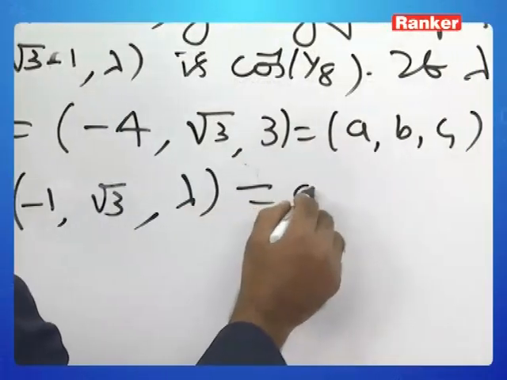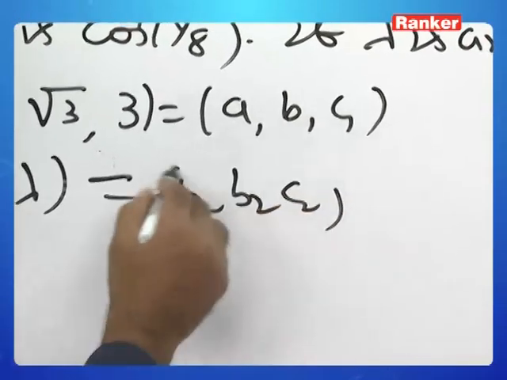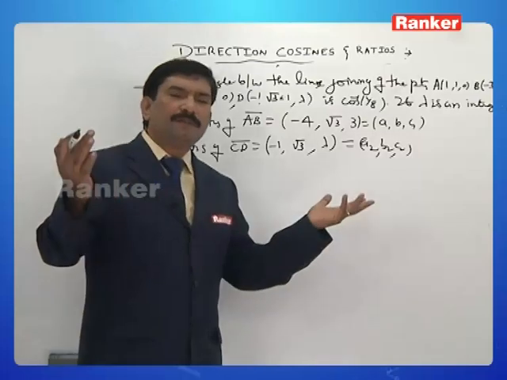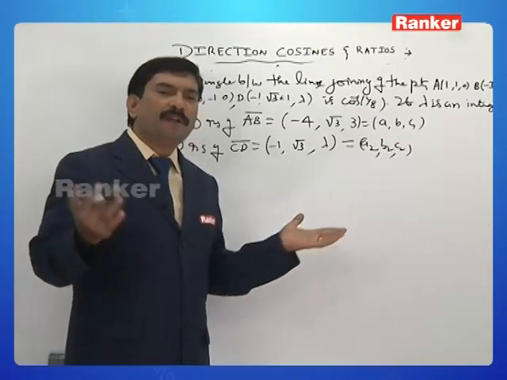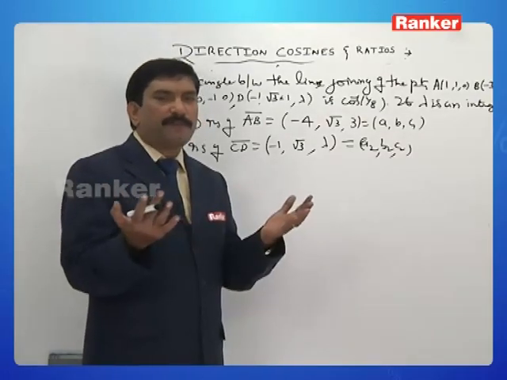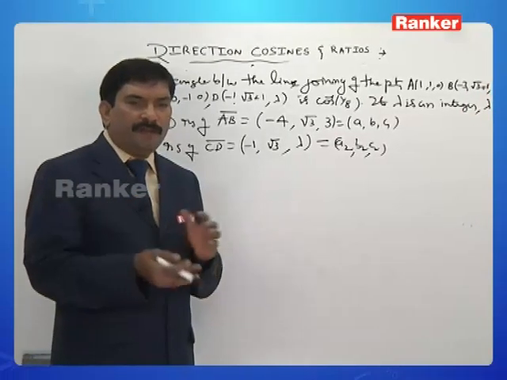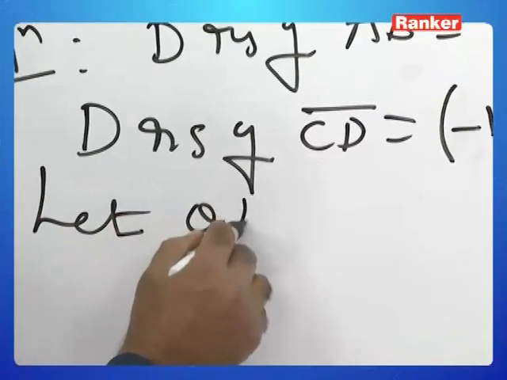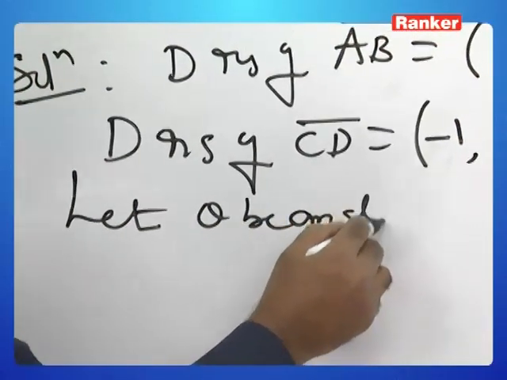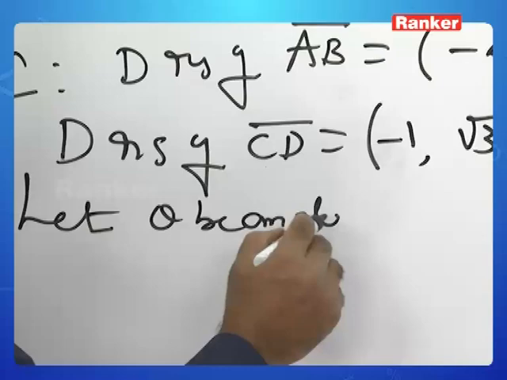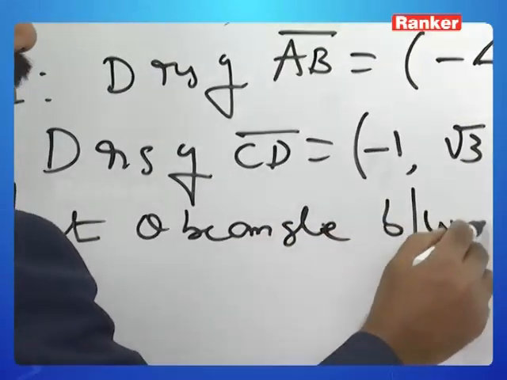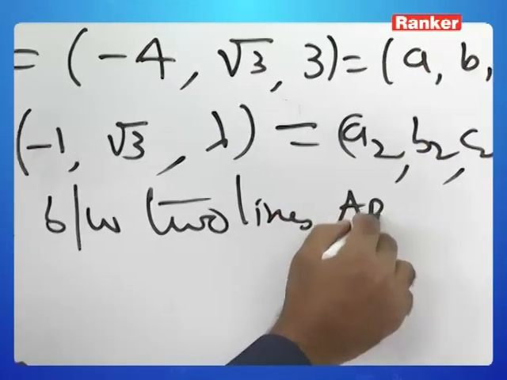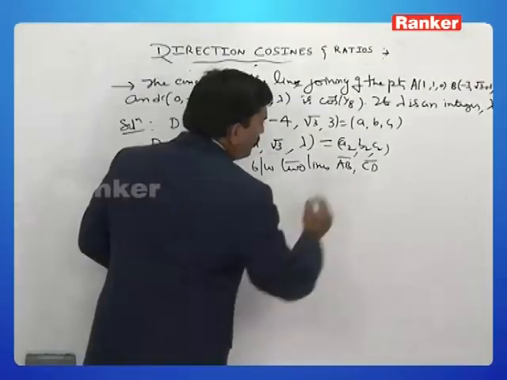Take this as A2, B2, C2, where A1, B1, C1 and A2, B2, C2 are the DRs of AB bar and CD bar respectively. Next, let theta be the angle between the two lines AB bar and CD bar.